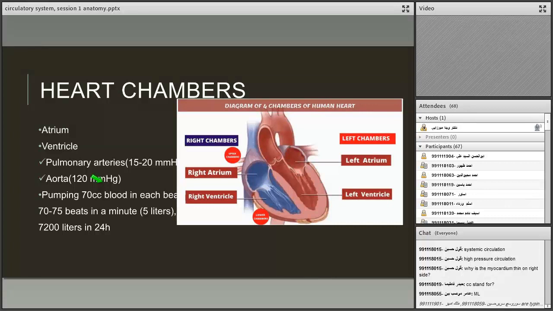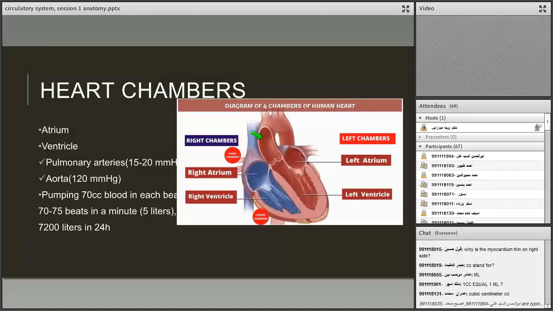I said the diameter of the right side of the heart is less than the left side because there is no need for high pressure in the right side. The right side is pumping the blood into the pulmonary arteries, and yes, 1 cc is equal to 1 milliliter. The right side of the heart is pumping the blood into the pulmonary arteries, and it has just 15 to 20 millimeter of mercury pressure.